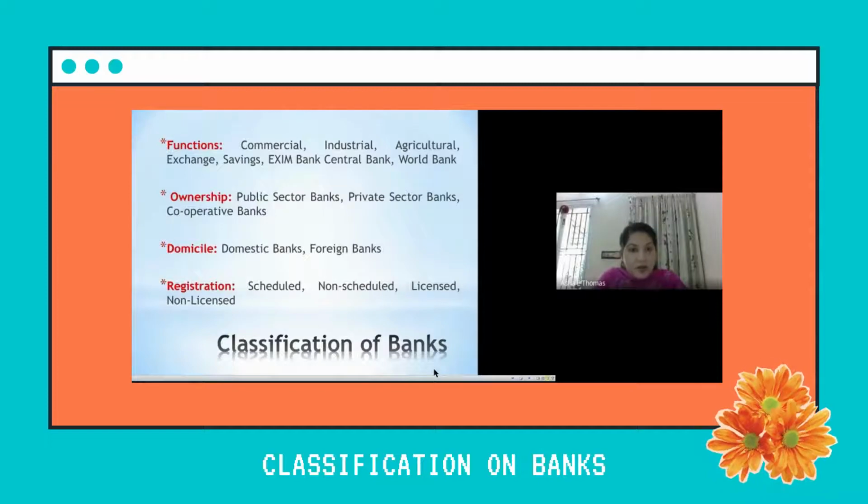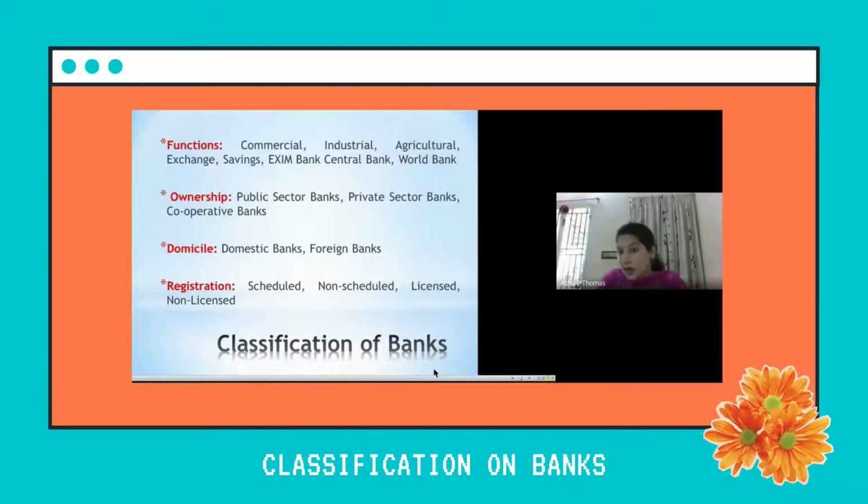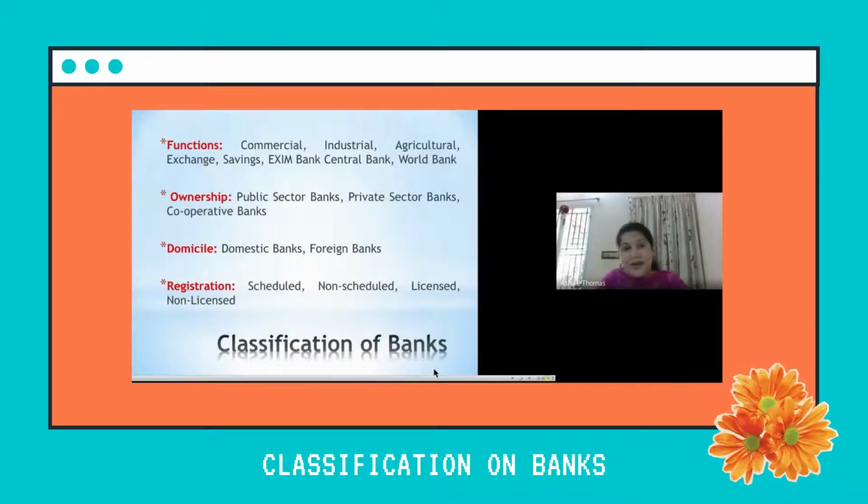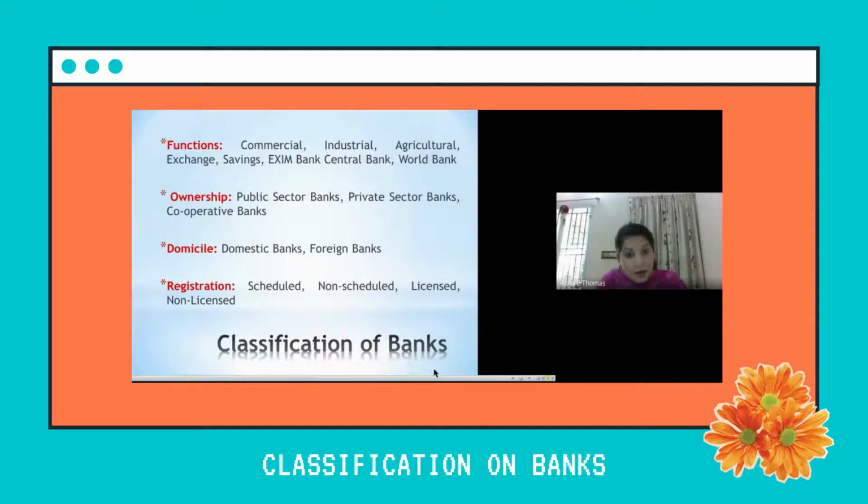So we were talking about banks, classification of banks based on functions. Now, when I'm talking about functions, we may not find separate banks set up for each of these functions. Of course, for industrial banks, we have certain categories like IDBI, IFCI, Exim Bank.